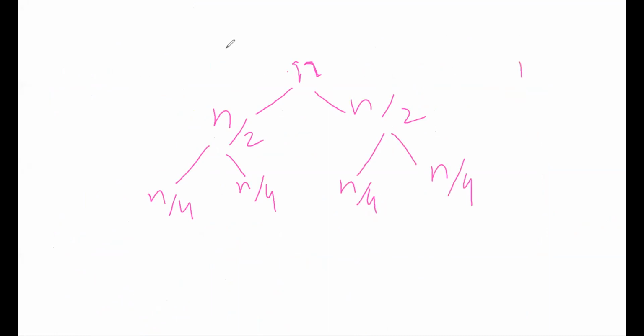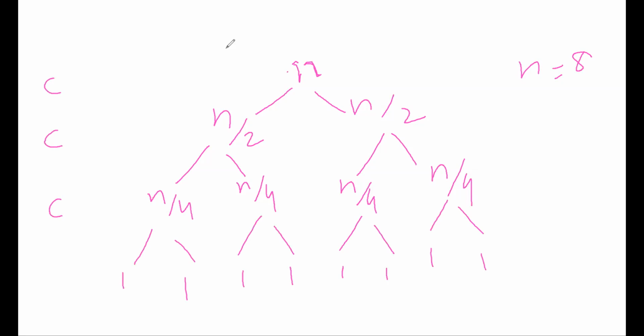Let's say n is equal to 8. So this will be 4, and at every level you'll see there's a C factor. If n is 8, this is 4, this is 2, and 8 by 8, these all will be 1. So this is a binary tree. What is the height of a binary tree? It is log of n, which is to the base 2.